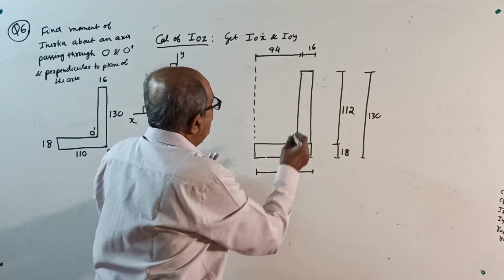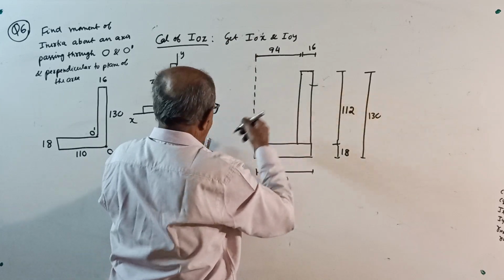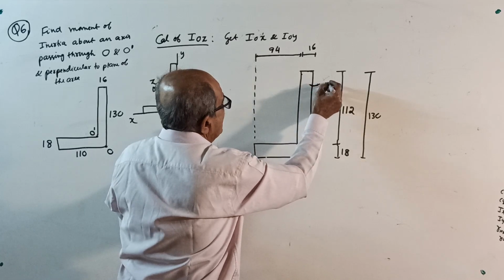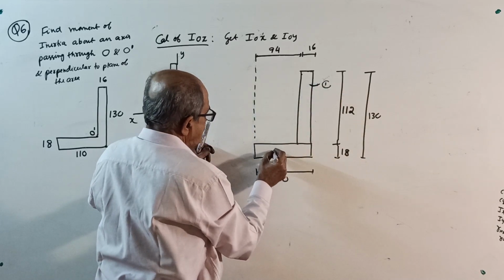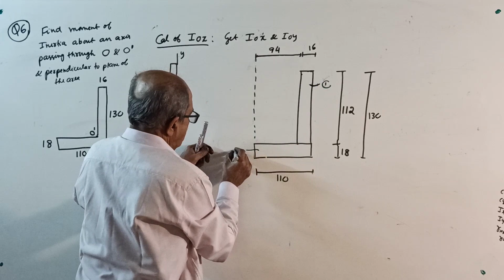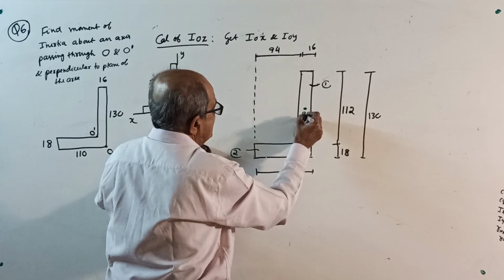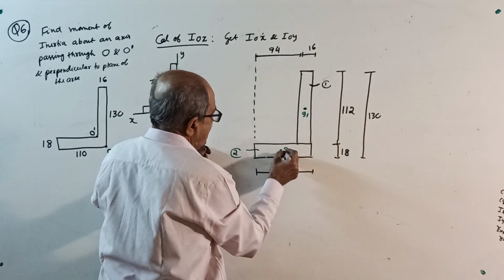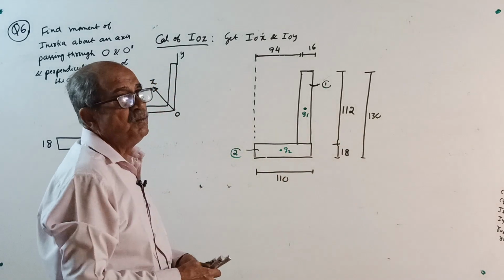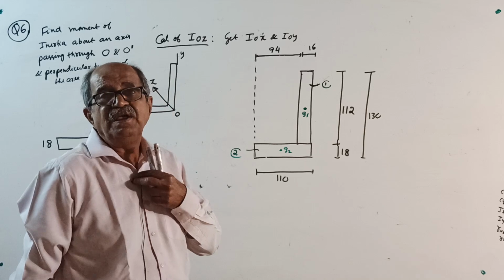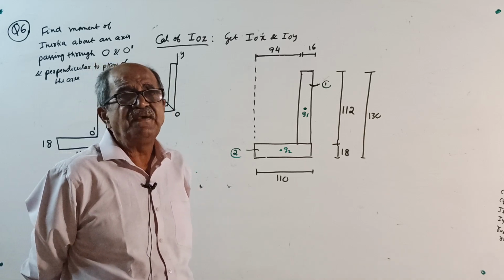Okay. Now this we will take as part 1, green color. Now the question is over. This I will take as part 1. This I will take as part 2. Centroid G1 is here, G2 is here. Now make a note: moment of inertia is not required about centroidal axis.